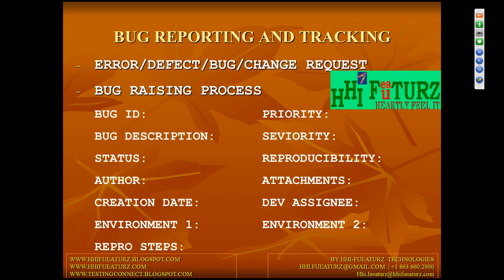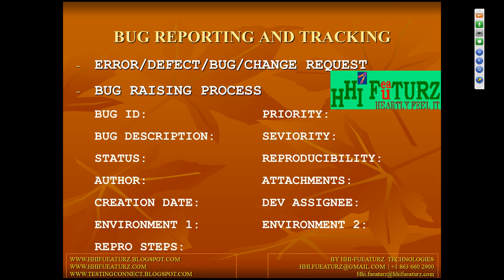Bug description. Suppose you fill in the correct username and password and click on the sign in button. It should navigate you to the home page, but it's not navigating. Then that is a defect. What bug description will you give?